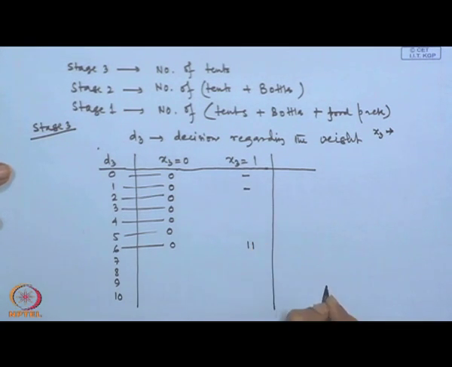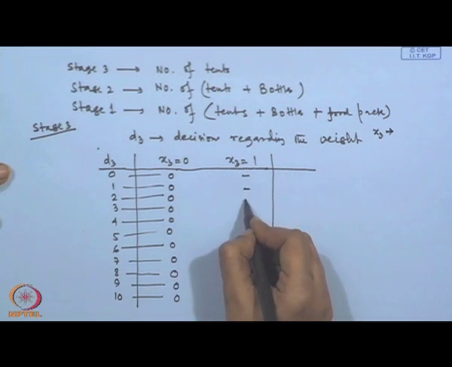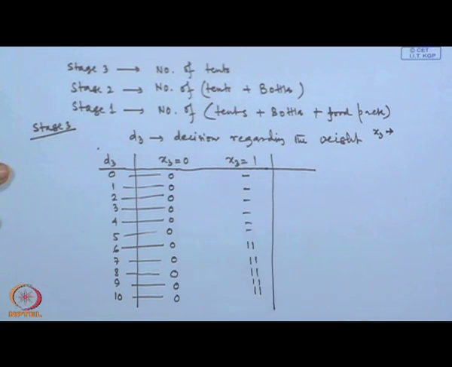Utility value is 11 here. Now, go to the next, 7. The utility value is 11 again. This is the simplest situation, and let me just complete the whole table in this way, 11 and 11 here, and all others coming as infeasible solutions.